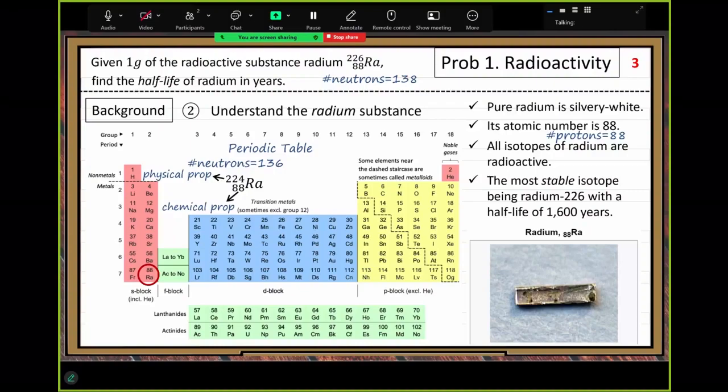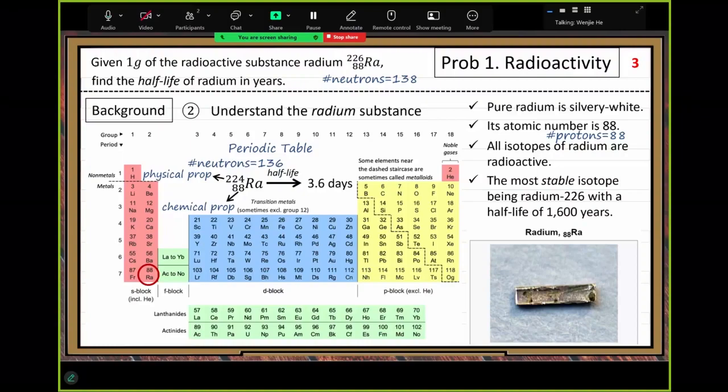But this isotope is not stable because its half-life is very short, unstable. Its half-life is 3.6 days. See? How big is the difference?